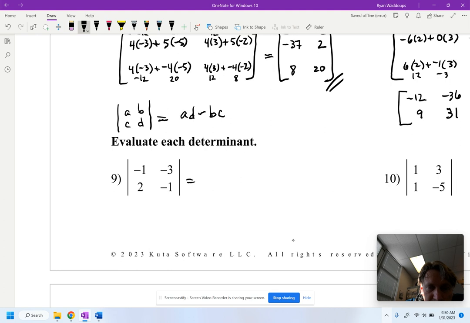So we've got negative 1 times negative 1 minus negative 3 times 2. And negative 1 times negative 1 is a positive 1. If I take this minus out front times the negative, that cancels the negatives. So I get plus 3 times 2, 6. And so the determinant is 7.